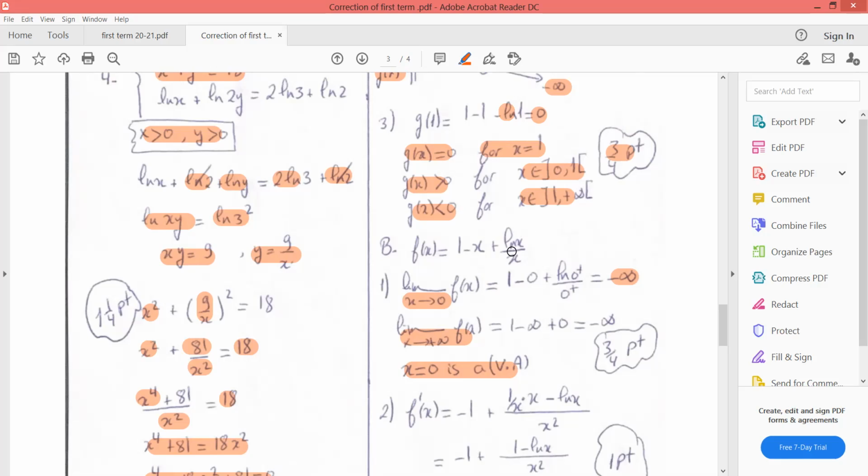Pay attention, but we apply it to this part, ln x over x, not to the whole function. We get the derivative of ln x, 1 over x, over 1. This one will become 0, and the limit will be equal to minus infinity. 3/4 for this part.